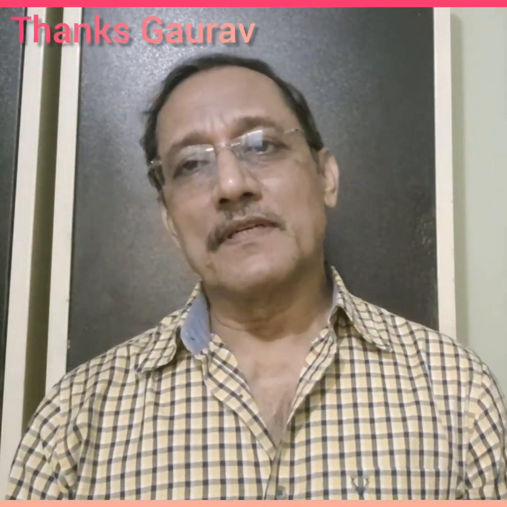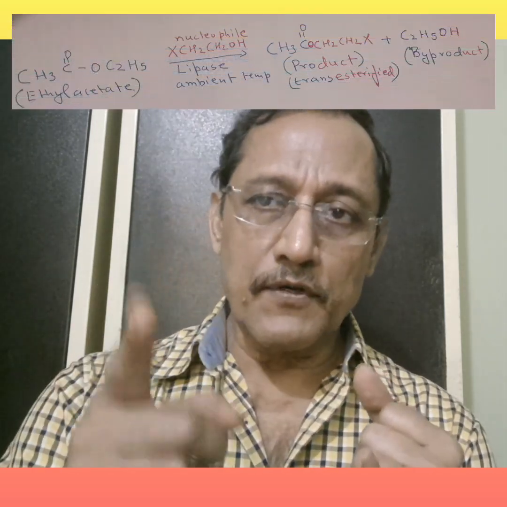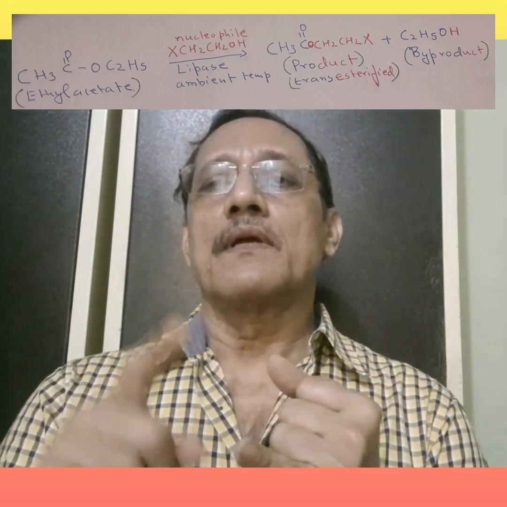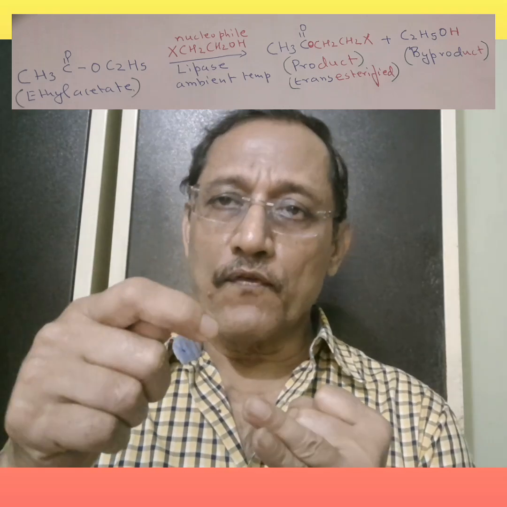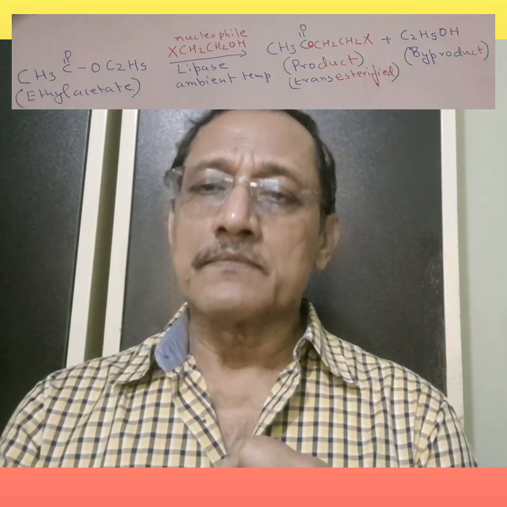Thanks, Gaurav. Now let's carry on the discussion on conclusion that we draw from reactions that we had carried out. Now the experiments performed were using these alcohols, of course, as nucleophile, ethyl acetate as the substrate on which these nucleophiles would be reacting.